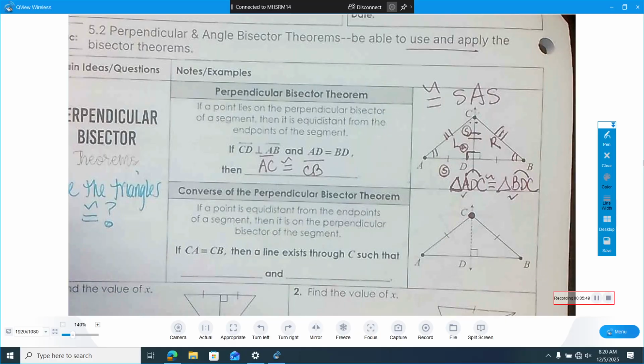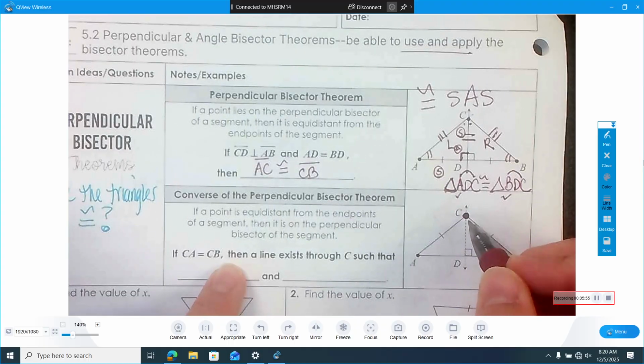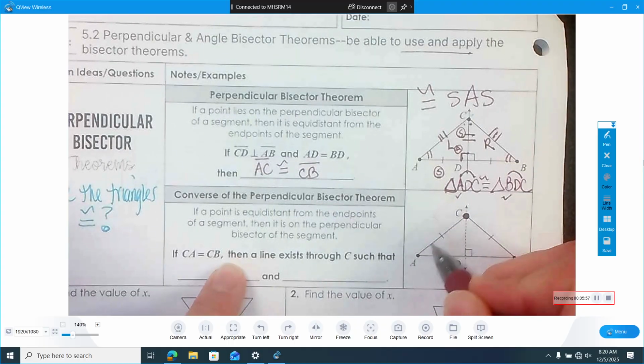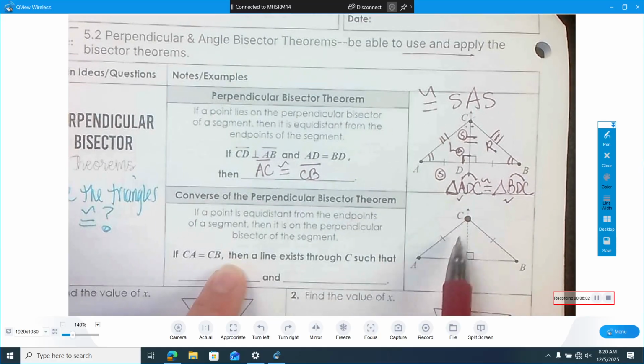Halfway between. So eventually, but what they're saying is that equidistant means that the length from C to the endpoint is the same on the other side, from C to the endpoint.